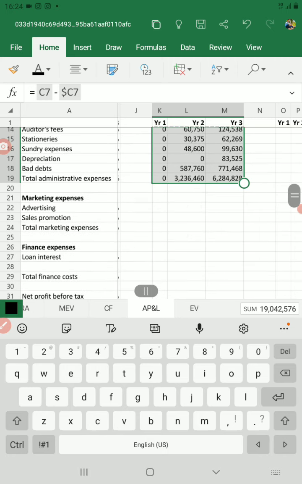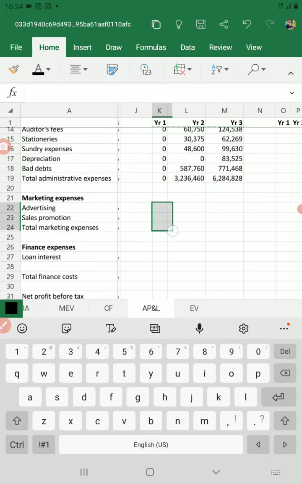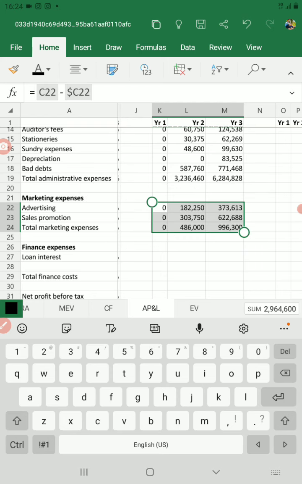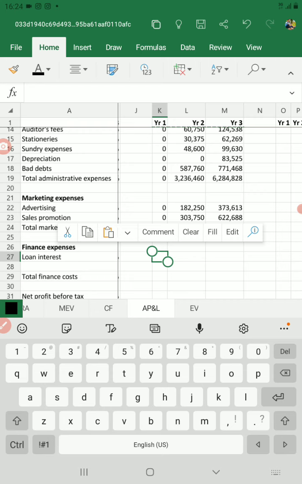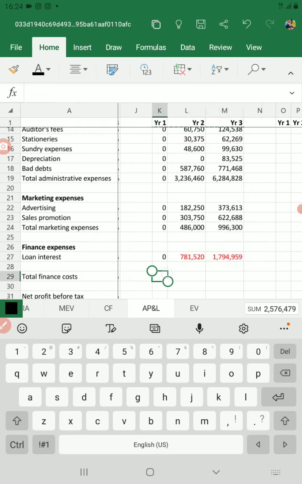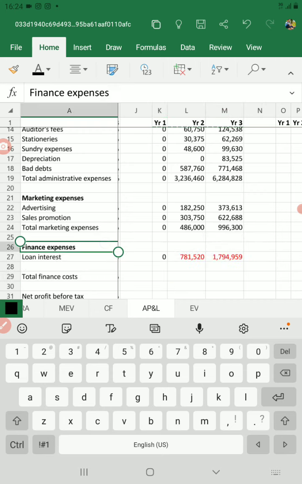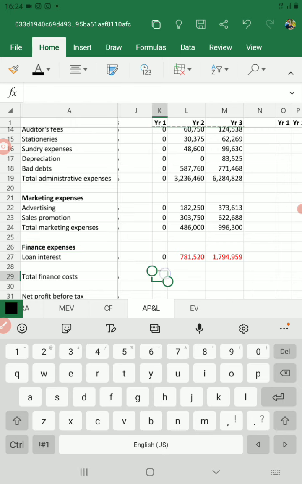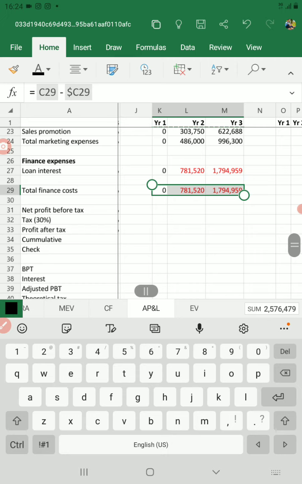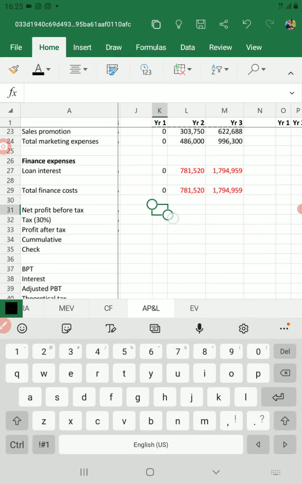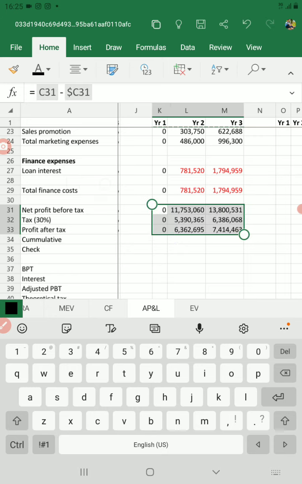Come to here, select all this, and then paste here, the same, paste here, the same, paste here. Let me take all this up to profit after tax here, paste.